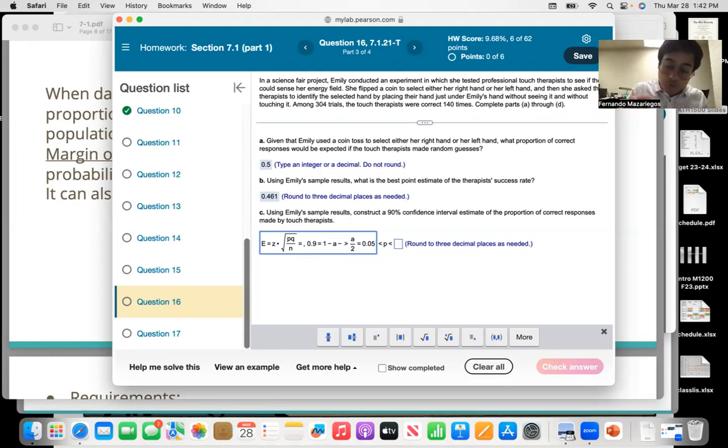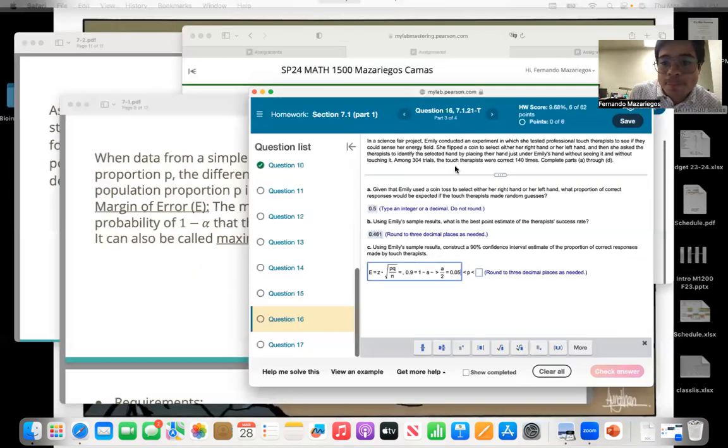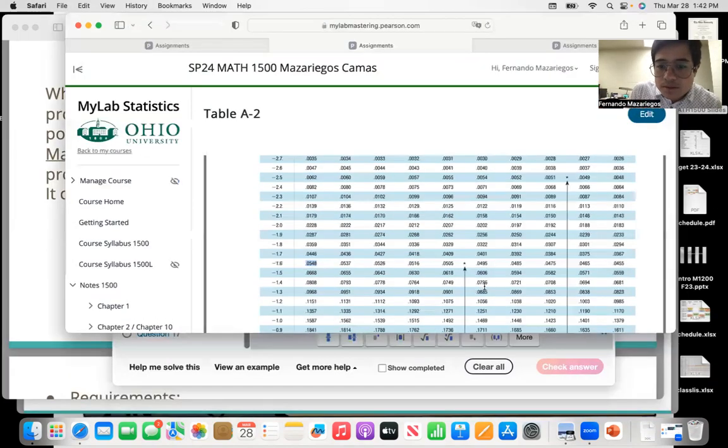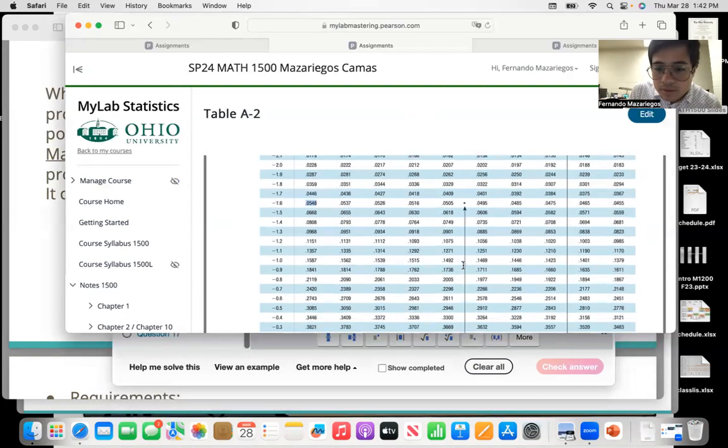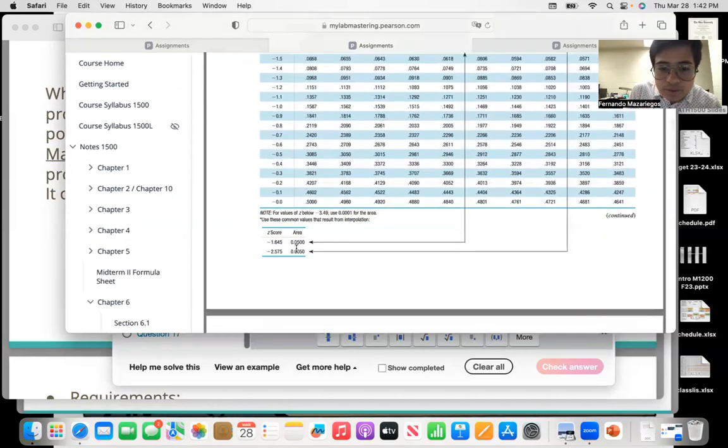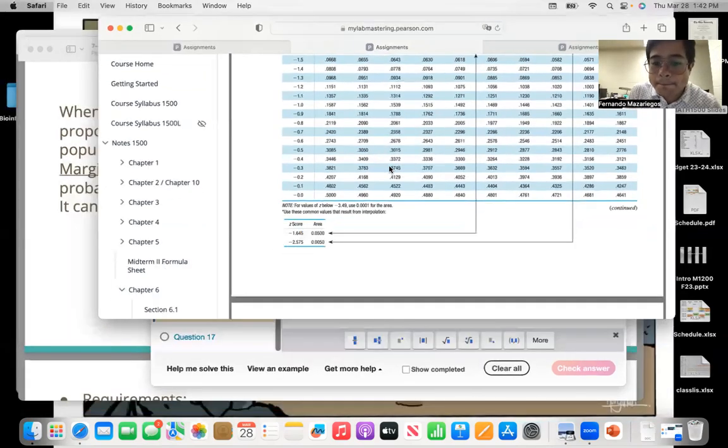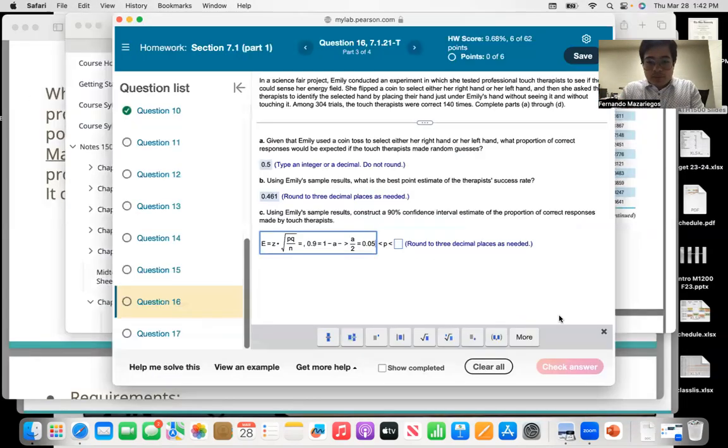Now we'll look for this number in the body of table A2. 0.05, 1.645. So our Z-score is 1.645.